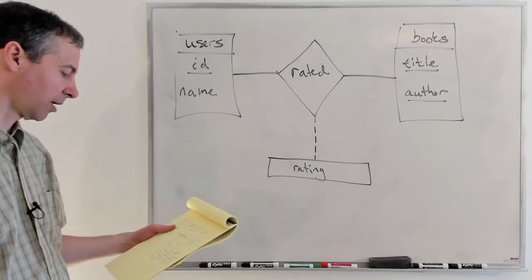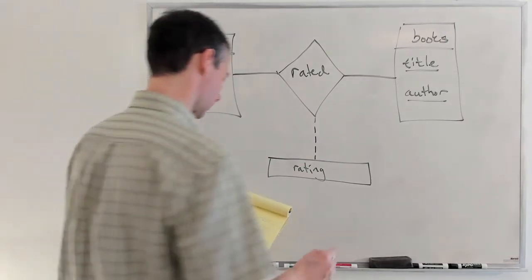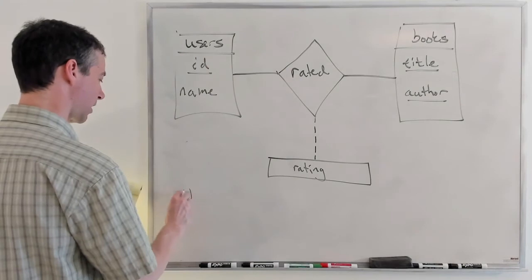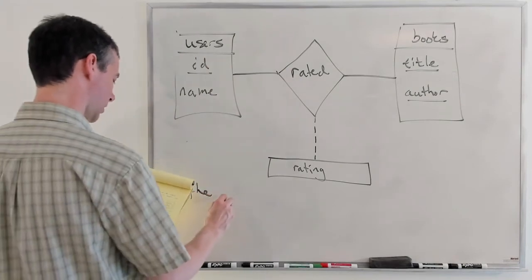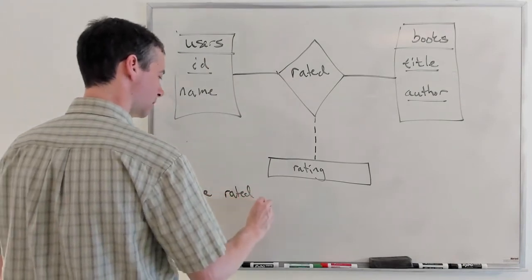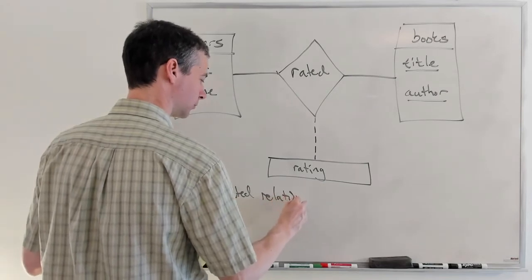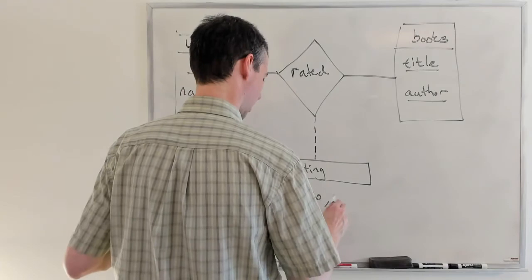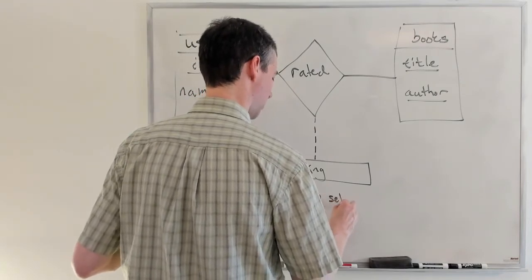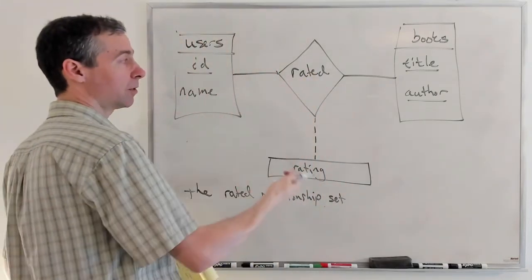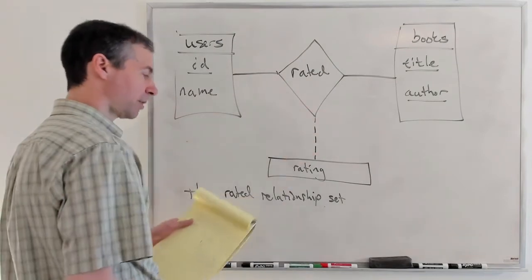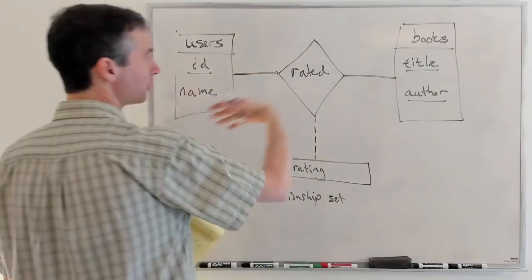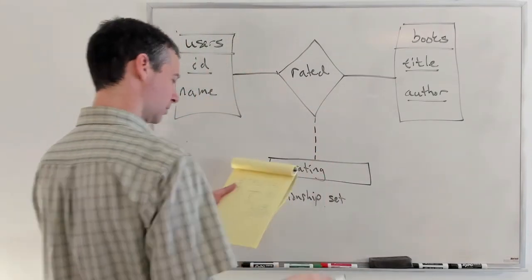Okay. So to spell this out into words on the whiteboard, we have that the rated relationship, and then we'll call it a relationship set because we're going to have lots of ratings, by the way. This is going to have lots of ratings relating users to books via their ratings.